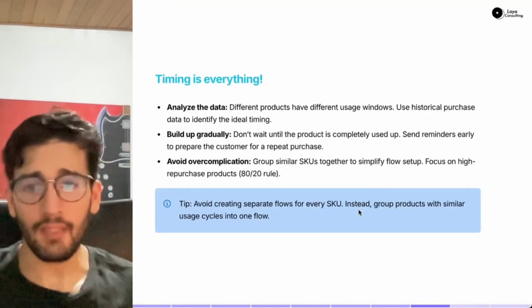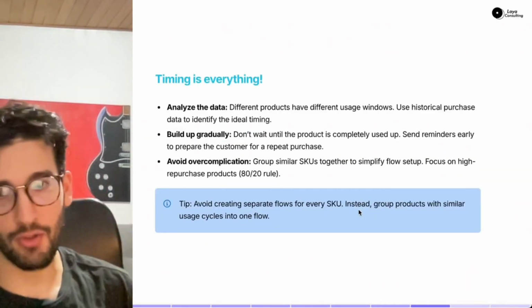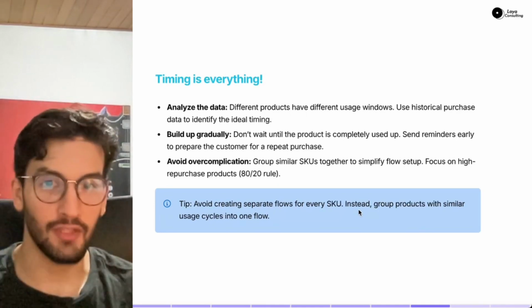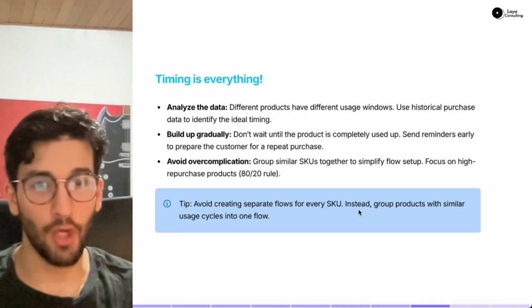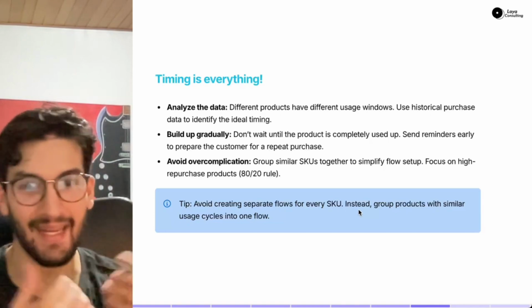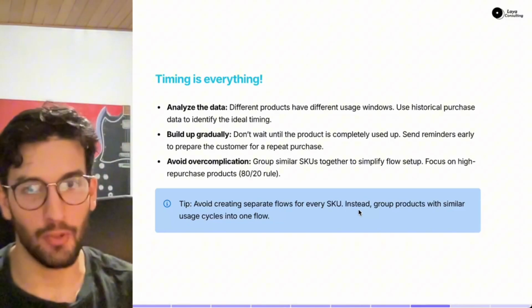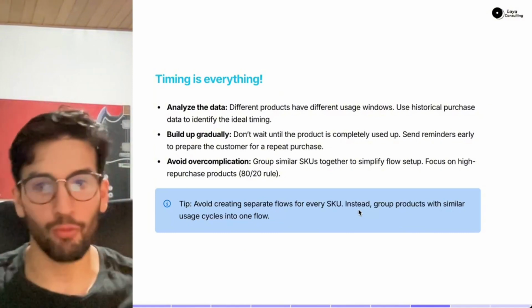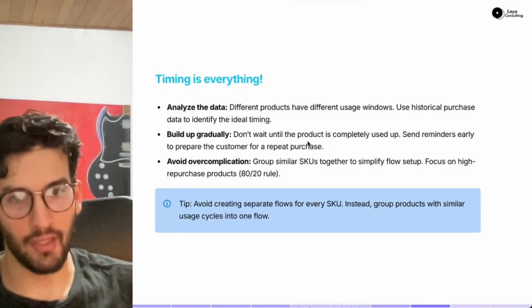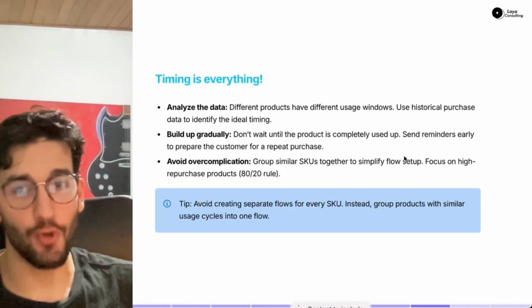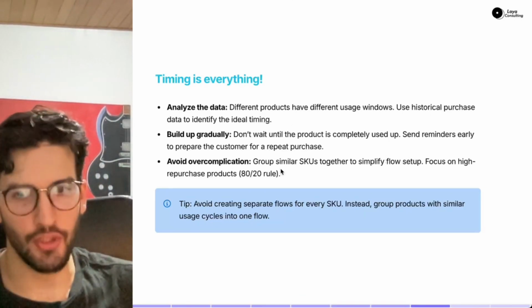Now, another very important point is timing, as I mentioned before. Analyze the data. Different products have different usage windows. Use historical purchase data to identify the ideal timing, or again, Klaviyo's predictive analytics as well. Build up gradually. Don't wait until the product is completely used up. Send reminders early to prepare the customer for a repeat purchase.